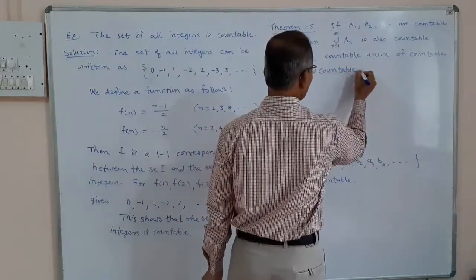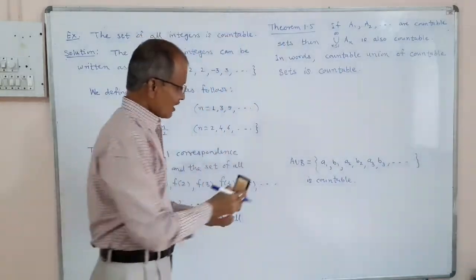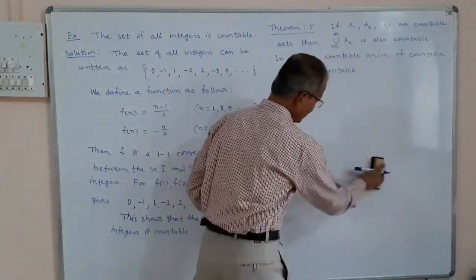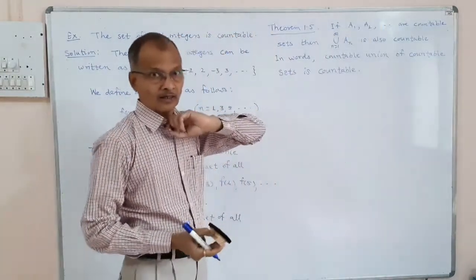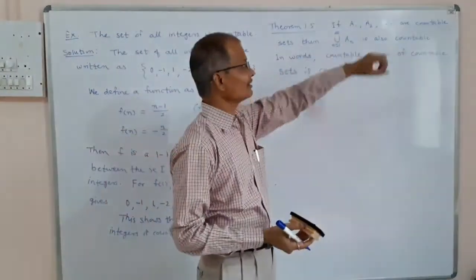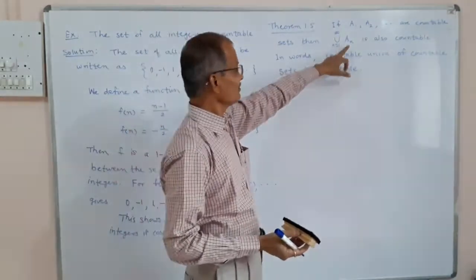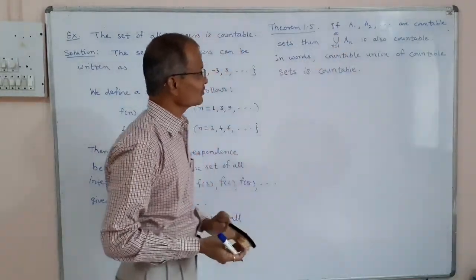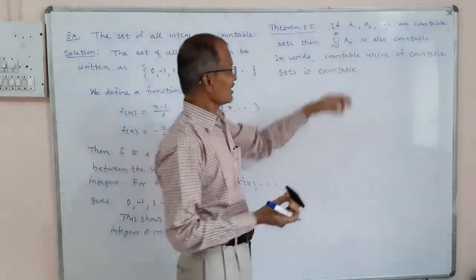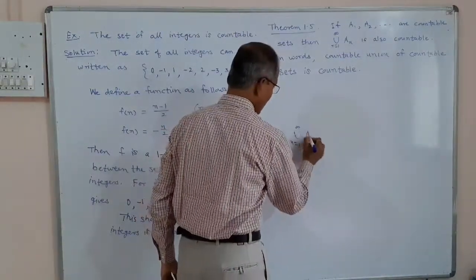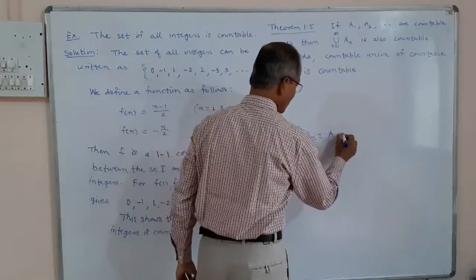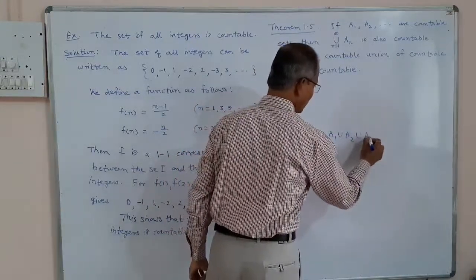See the words, countable we have used. A1, A2, A3, and so on are countable, so these sets are also countable. And what is the meaning of the union of n taking values from 1 to infinity? That means A1 union A2 union A3, and so on.